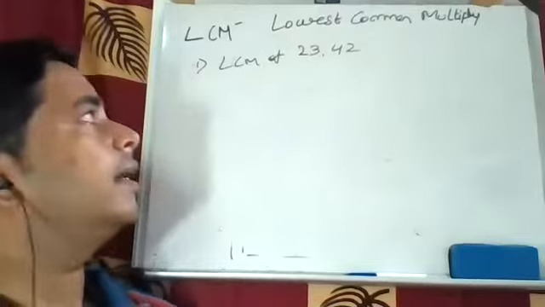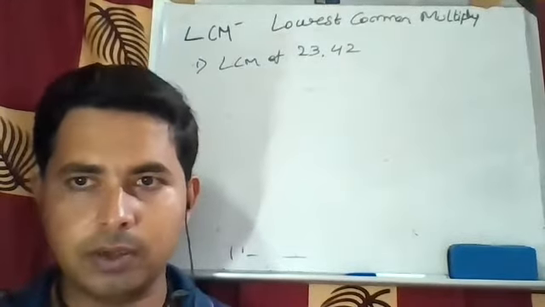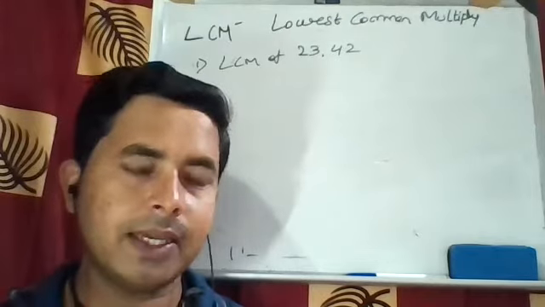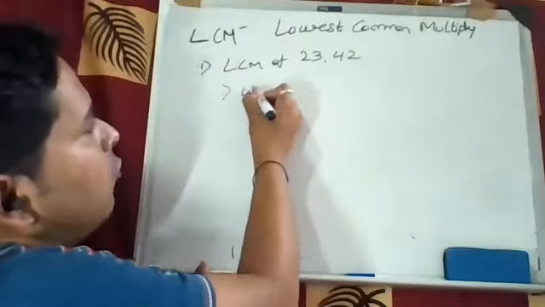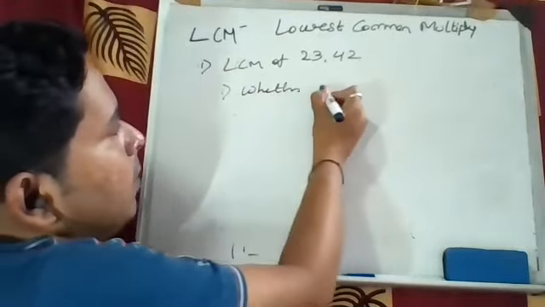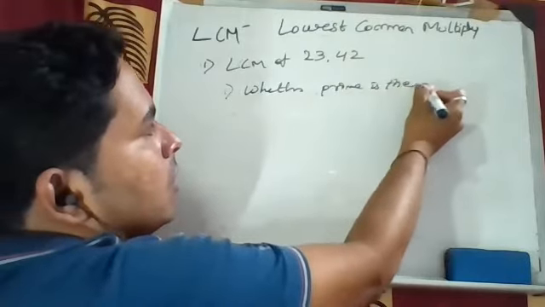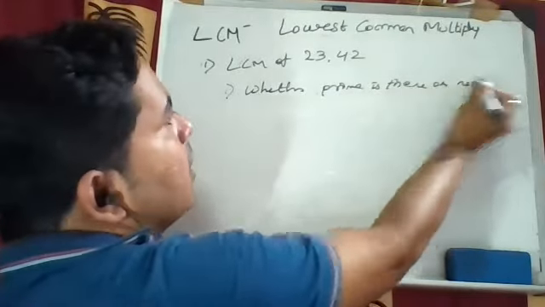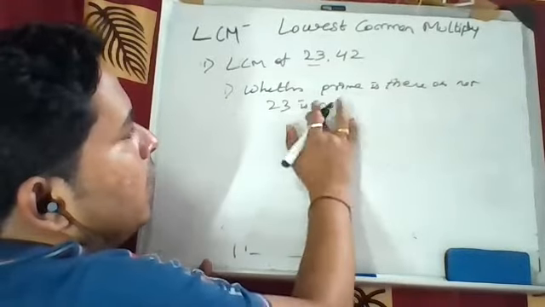So here you have to check whether a prime number is there in this pair or not. Okay, here you have to check whether a prime number is given or not. So here, the first number, whether to check if a prime is given or not, prime is there or not. Okay, so here 23 is a prime number. Okay, 23 is a what?